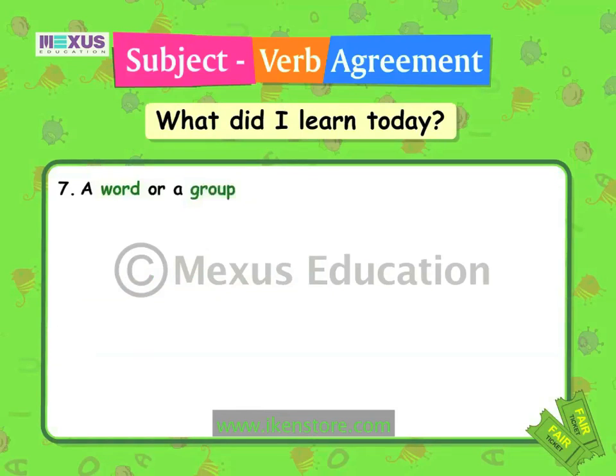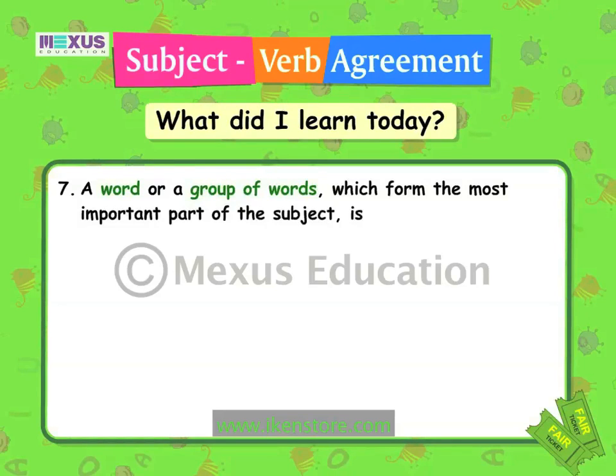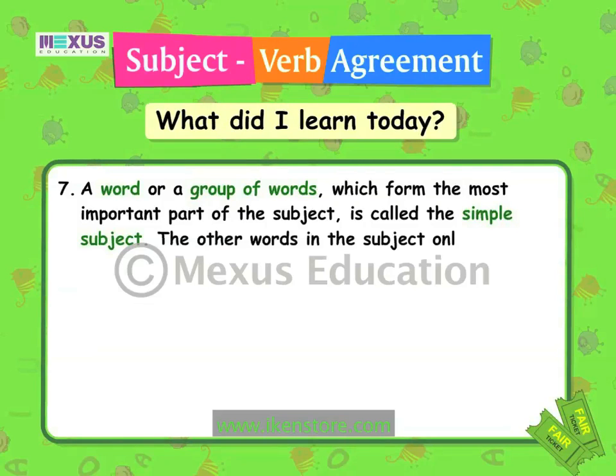A word or a group of words which form the most important part of the subject is called the simple subject. The other words in the subject only tell us more about the simple subject.